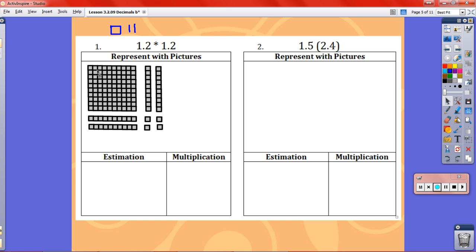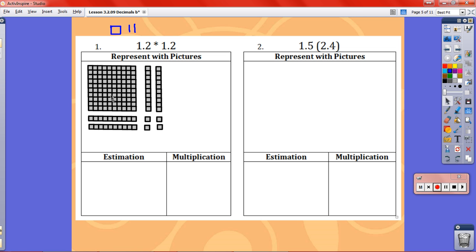So you can see that this is 1 and 2 tenths, and 2 tenths of this is, well, 2 tenths of 1 is 2 tenths, so I get 2 tenths, and 2 tenths of 2 tenths, or 20 hundredths, is 4 hundredths.